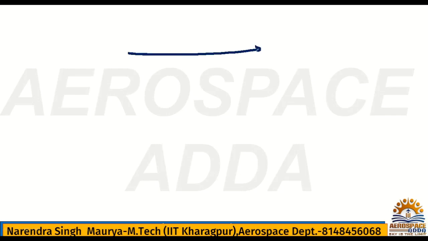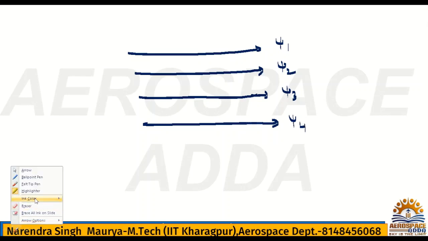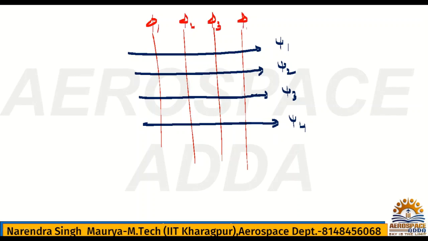So if I say this is the streamline, streamline psi 1, psi 2, psi 3, psi 4, and these are the equipotential lines, everywhere they are perpendicular to each other.